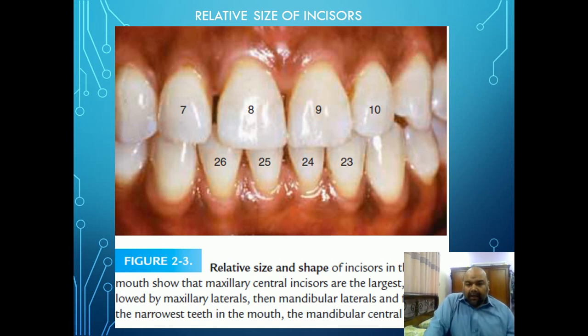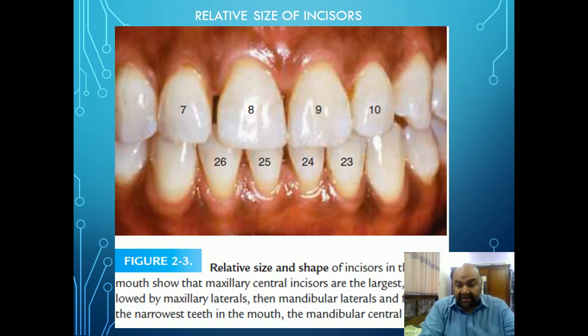Okay, so if you just view this picture and try to compare and contrast only the size and shape of the incisors, you will be able to see that the maxillary central incisors are the largest incisors in terms of size and shape, followed by the maxillary laterals. And then we have the mandibular laterals that are larger in size, and the smallest in size are the mandibular central incisors.